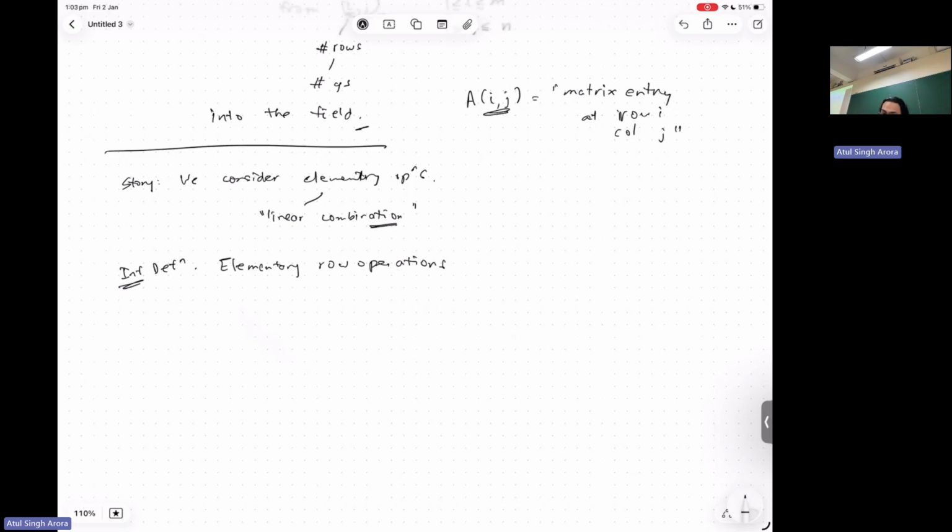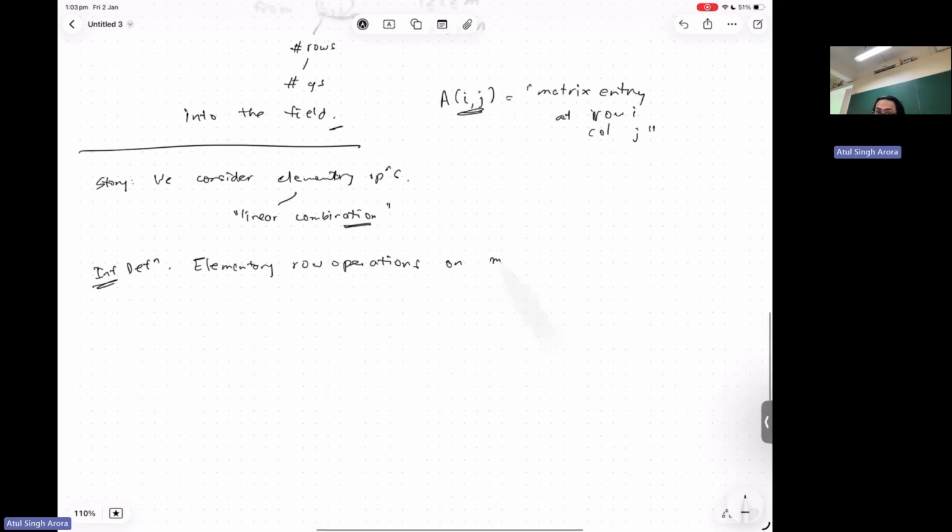So one thing that we can think of is as follows. Elementary operations on an M cross N matrix A over F are defined as follows.